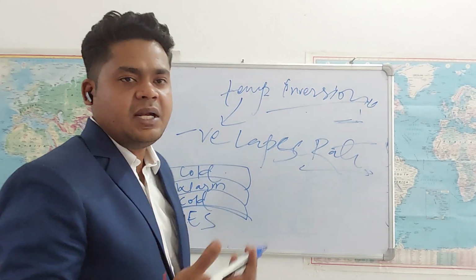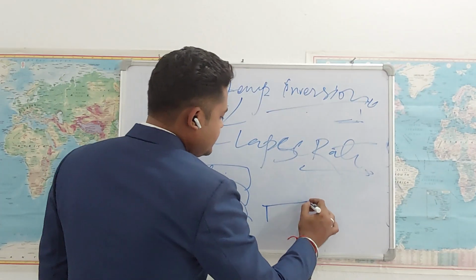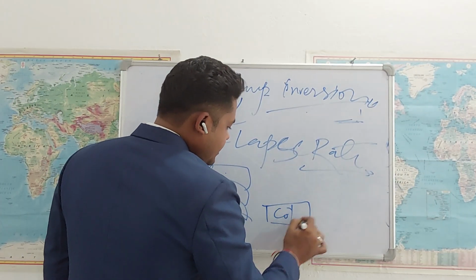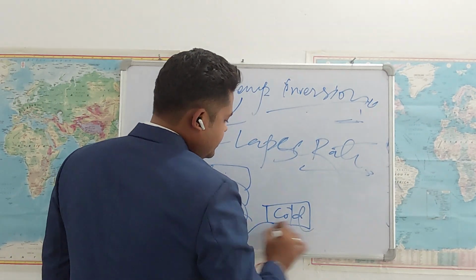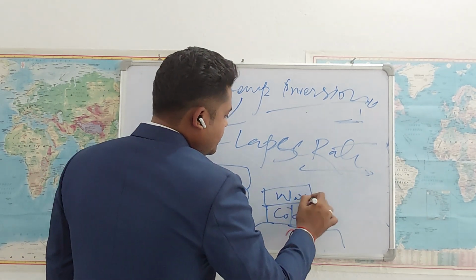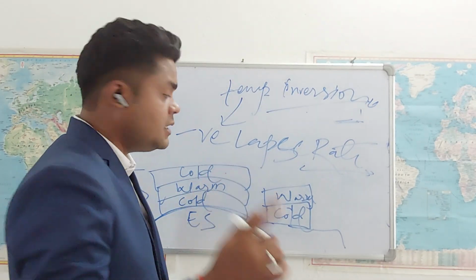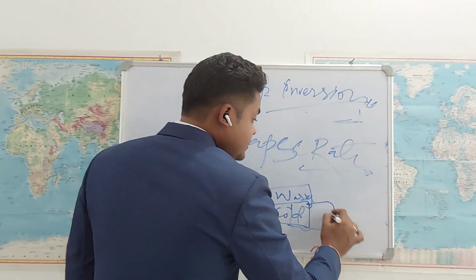So what will happen in temperature inversion? You see, since this is a cold surface and this is a warmer surface, the tendency of cold wind is to subside, you know that.